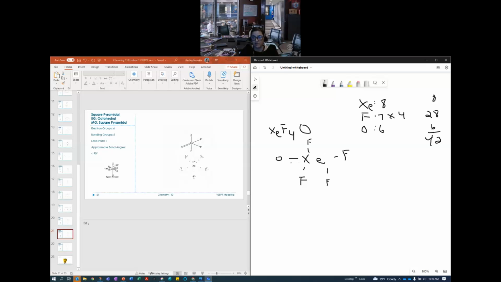So 5 items, 2 electrons, that takes 10 of those. Now, I need to fulfill the octets for everything around that center atom. So let's start with our fluorines. 2, 4, 6 on each fluorine.